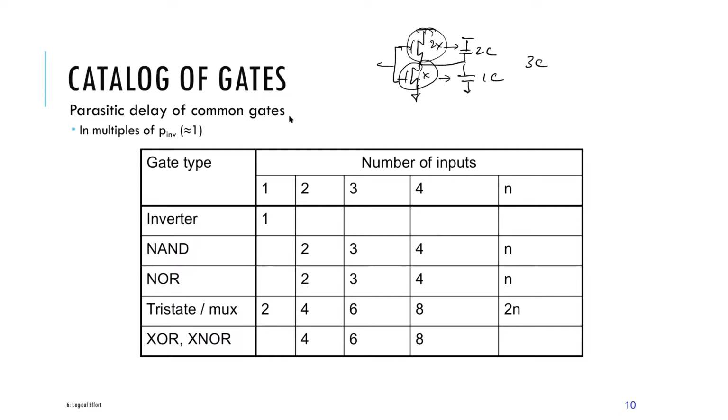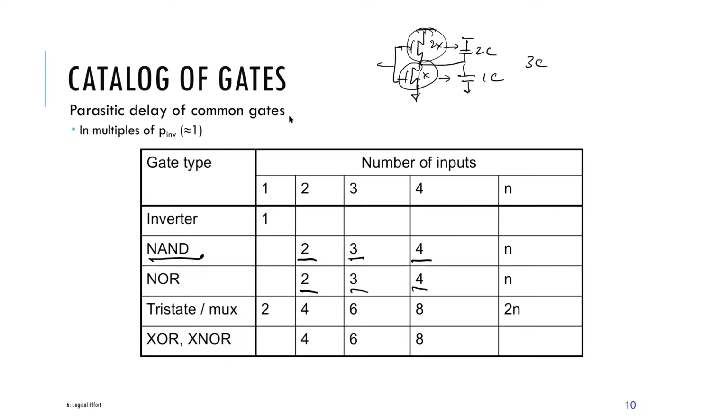So again, for the P's, regardless of what process we're at, as long as this is properly modeled, we can use these numbers, okay?